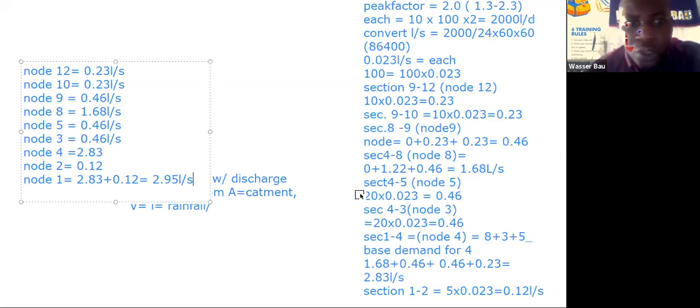You know, node 12, for instance, node 9 means section 9 to 8, sorry, 8 to 9. Node 8 means section 4 to 8, and so on and so forth. So you have to put in those values, and then use them to go and design your chart.